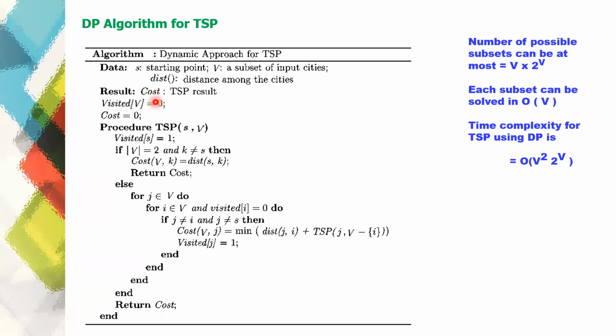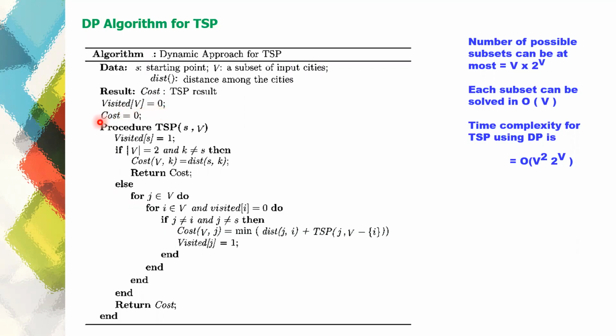And for that, I'm keeping an array of flags for each vertex. I'm maintaining whether this city is visited or not. If the city is not visited, it will be represented as a 0. If the city is already visited, its value will be equal to 1.